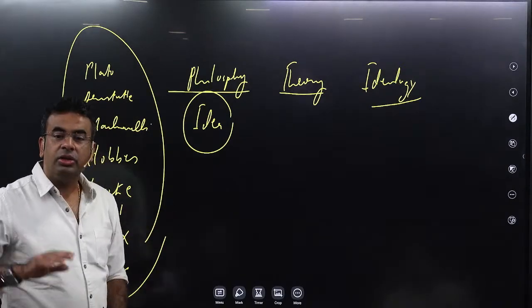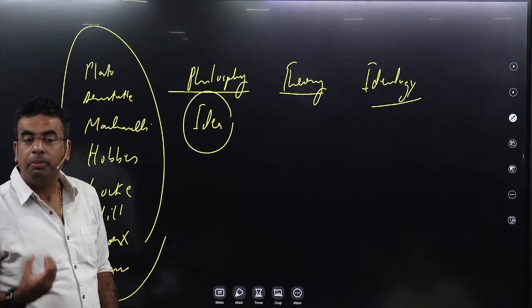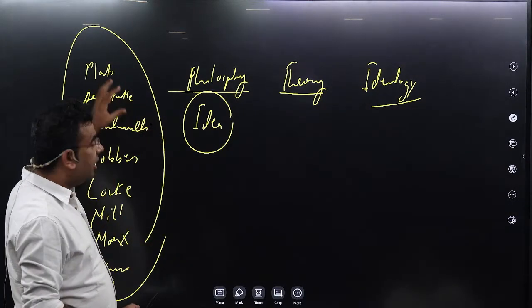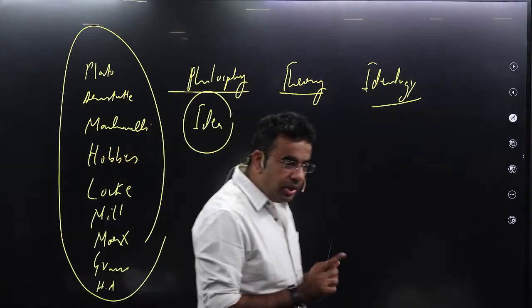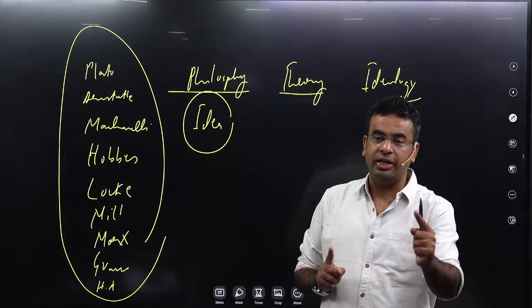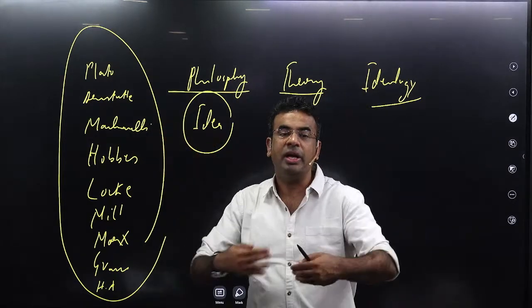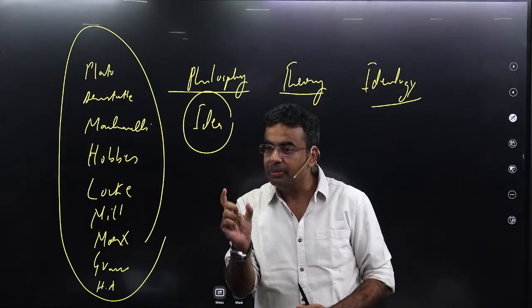Aristotle has given the theory of property, the theory of polity. Okay, he's known as the father of constitutionalism. Plato has given the theory of justice. So what is theory? Explanation of an idea. So you give one idea and you explain, okay, this is this idea. This becomes what? Theory. Understand?